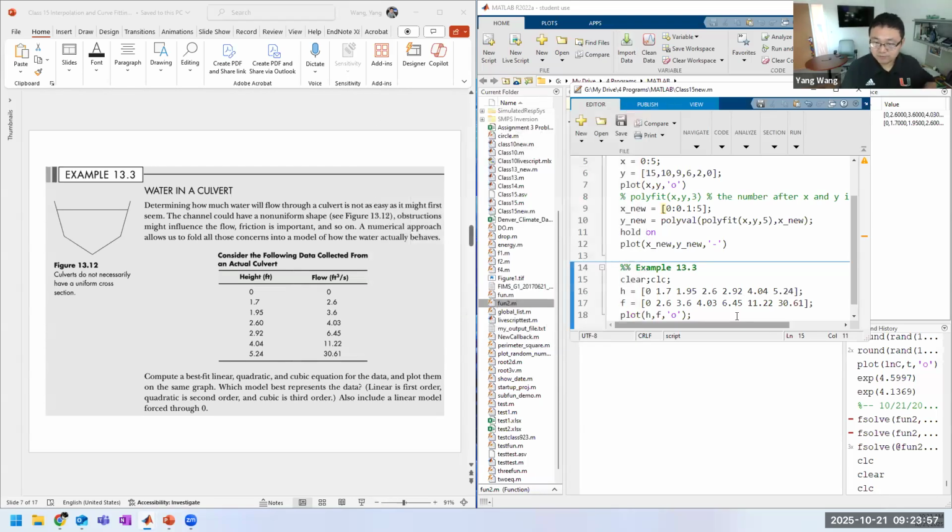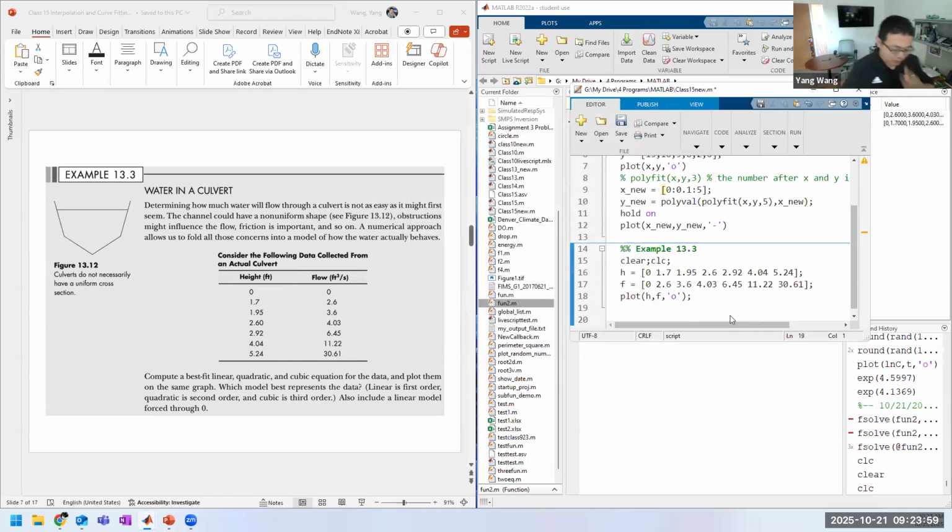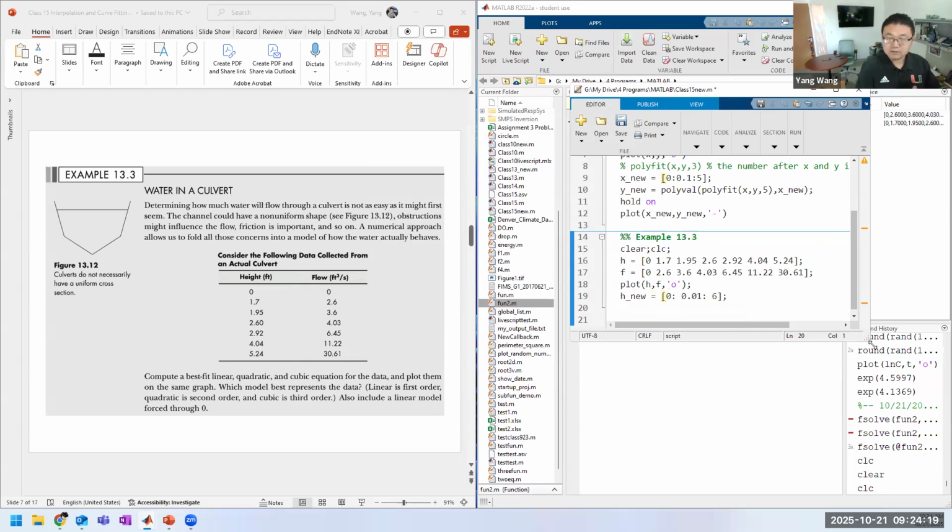So then let's try to fit the data. We said that we could do the polyval, the polyfit. Let's define a new height, h new, which is going to be 0 separated by 0.01 until 6. This is a finer separation of the height. So then we can do f.